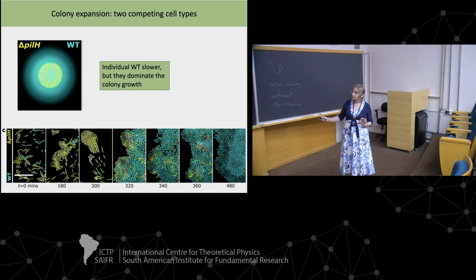The fast ones are yellow. They've been stained yellow. The slow ones have been stained blue. So at the front of the colony, it starts off yellow, fast ones, which is what you'd expect. But then at later times, the slow ones are dominating the front of that spreading colony.